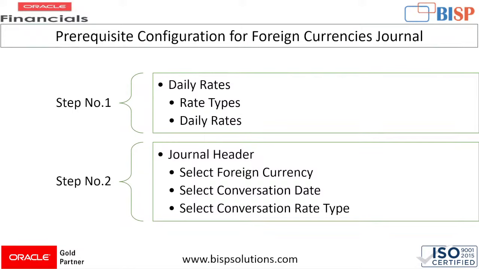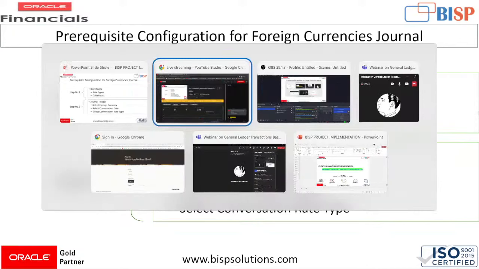So those three things are to be selected in the header portion while creating a journal. There are three portions: batch, journal headers and lines. So let us move to the application and log in with the user.